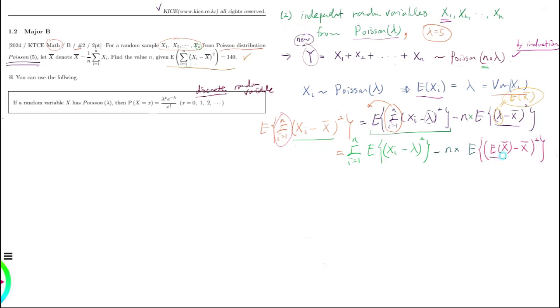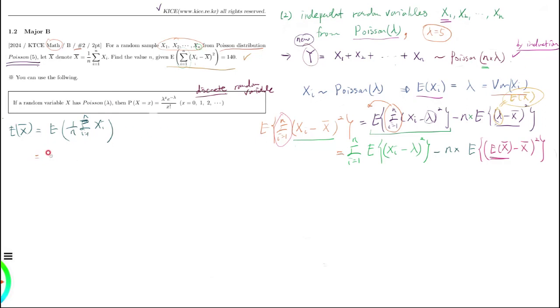So here it is because the expectation value of x bar is the same as the expectation value of 1 over n times the sum of values of samples from x1 through xn. This is not infinity. This should be n here. This is a finite average here.